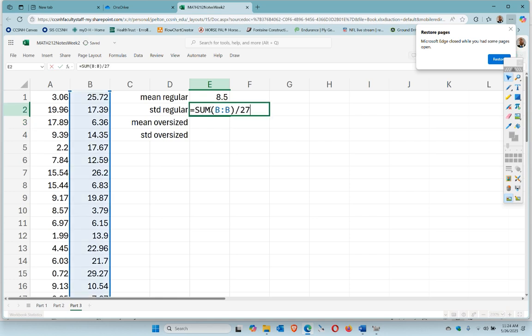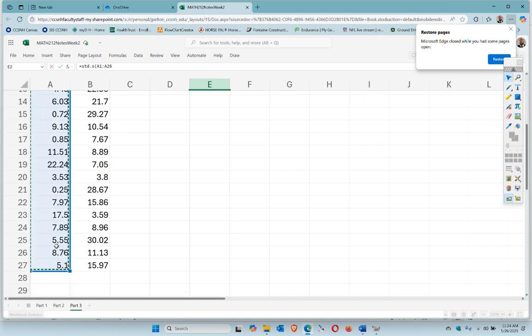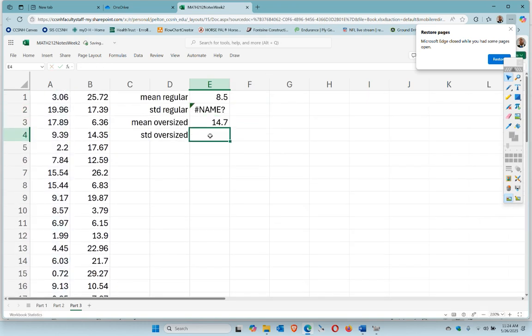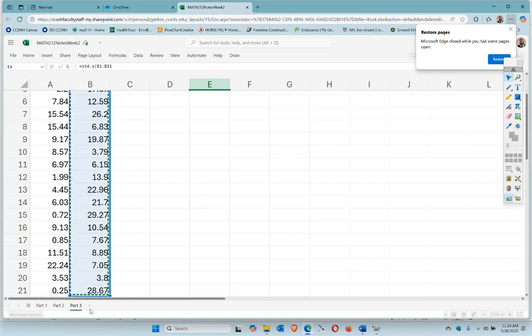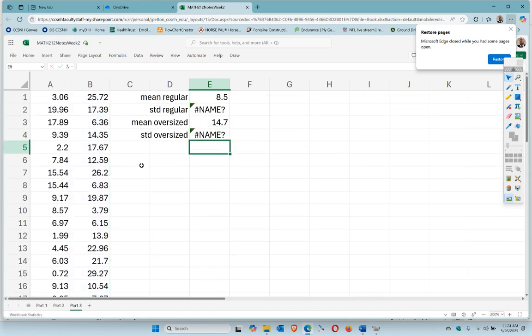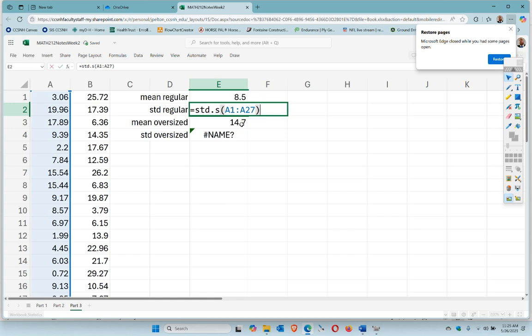Oh, that's the wrong one. Let's take that and put that there. Okay, sorry. So let's do standard deviation here. Standard deviation dot sample. Highlight all those. And standard deviation dot sample. Highlight these ones. Close paren. What is going on here?